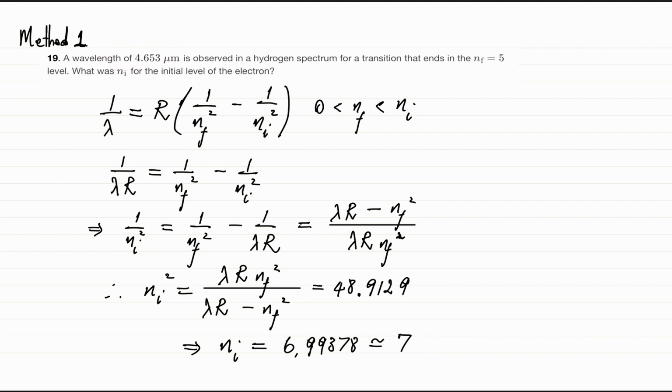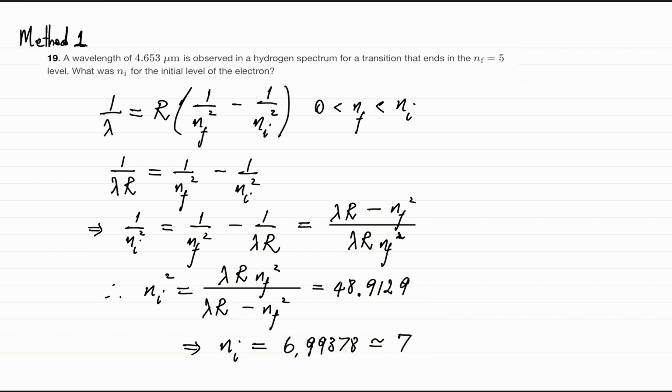However, they don't specify to us what spectrum this is. It could be an emission spectrum, it could be an absorption spectrum. Okay, so one method of approaching this problem is to use this formula, which was used for hydrogen before Niels Bohr's theory of the hydrogen atom.